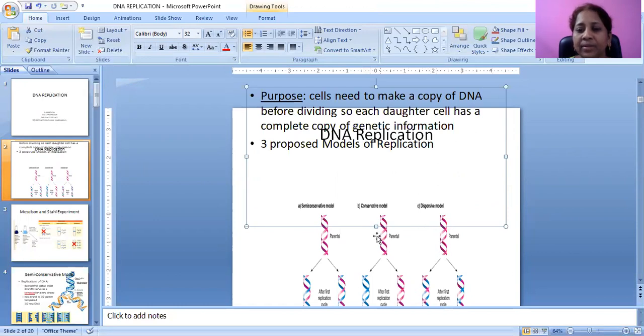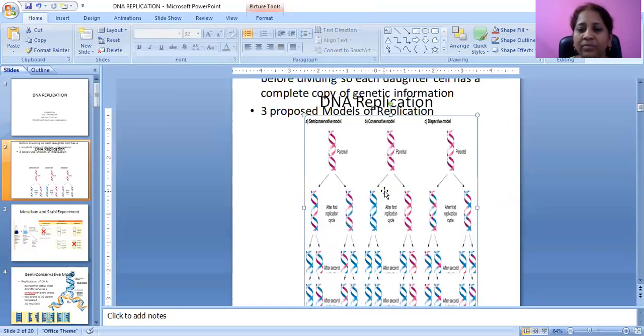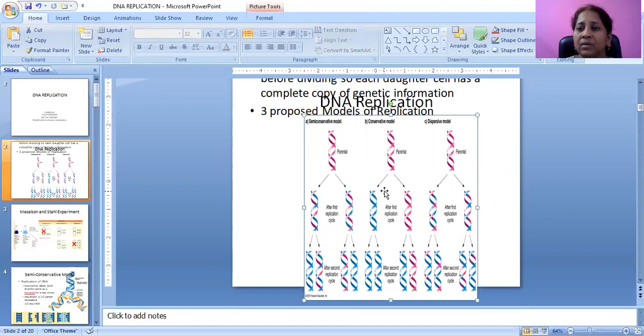There are three proposed models of replication. One is semi-conservative, second is conservative, third is dispersive method. Here in these diagrams we can observe that after the first replication cycle, half will be parent and half will be daughter.